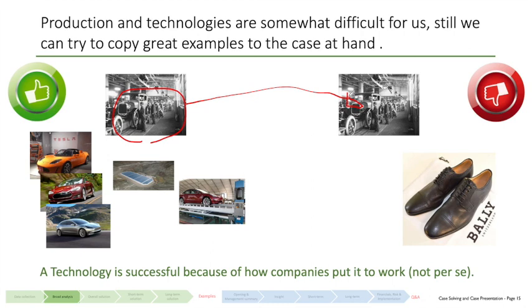Then another very positive example would be Tesla, because Tesla basically developed their production technologies in two directions. The first direction is they started with the Roadster, and every Roadster was basically handmade, which allowed them to develop the technology, improve batteries, improve engines, electric vehicles in general. As a next step, they introduced the Model S, the middle car, which was a luxury, high-priced car.